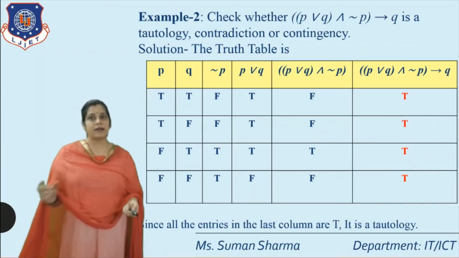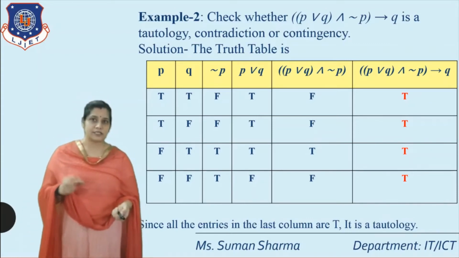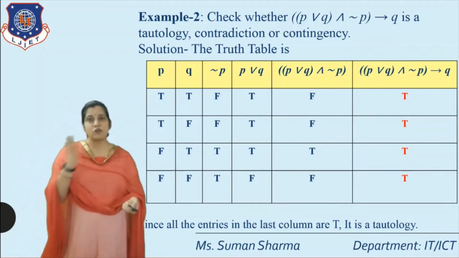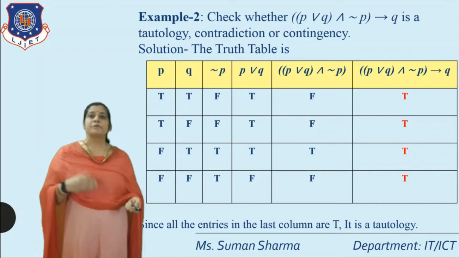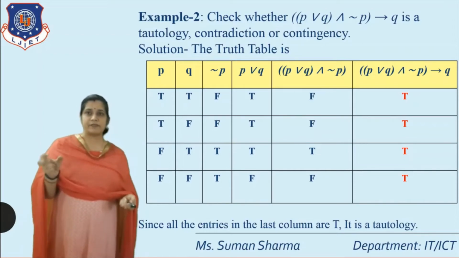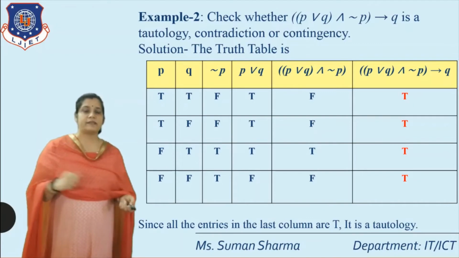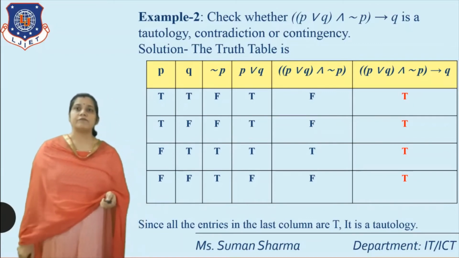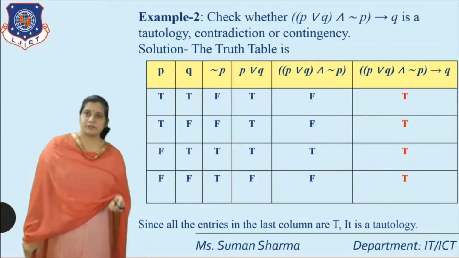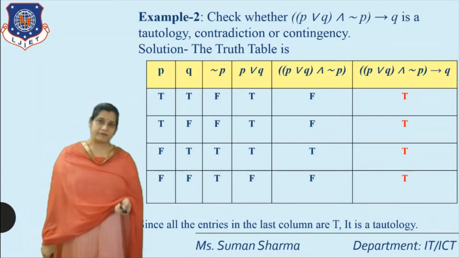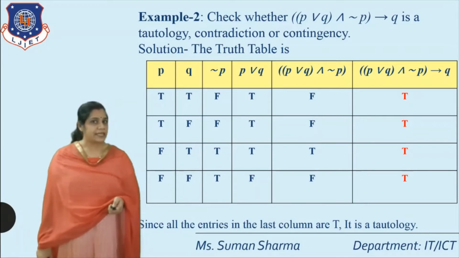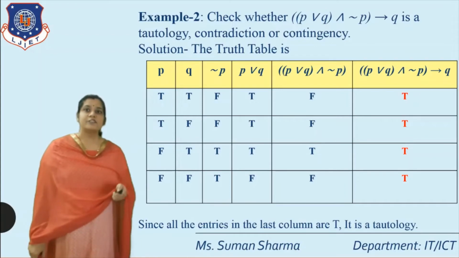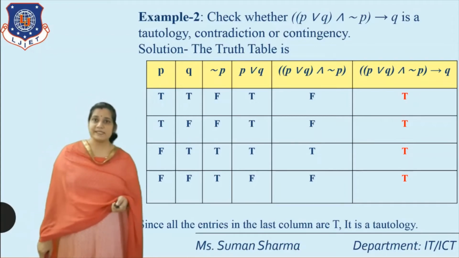If we have FF, two false statements, you write false, and all the remaining values you write T. So P disjunction Q: TT is T, TF is T, FT is T, but FF is F. This is your P disjunction Q. Next is (P disjunction Q) conjunction negation P. That means what?